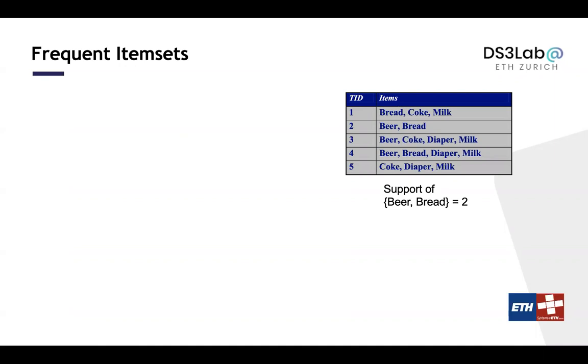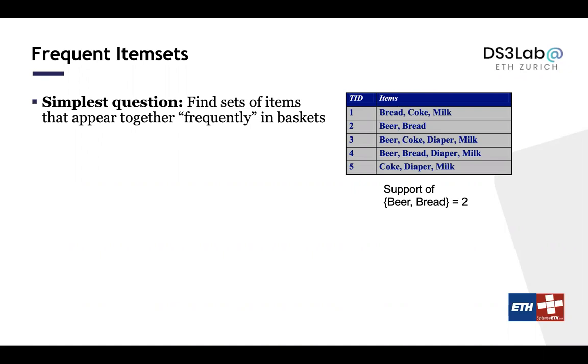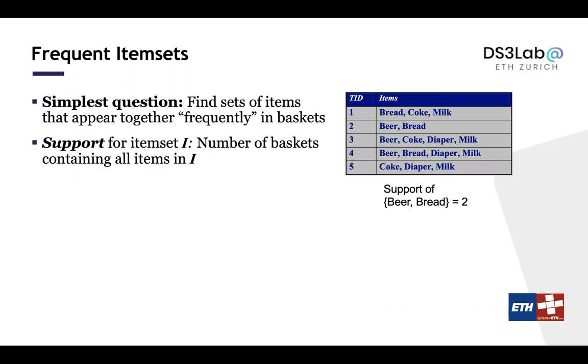So one thing that you really want to understand is, I have all those co-occurrences of items. I want to see, for example, what are the item sets that frequently appear together. And here we can define the notion of support. Essentially, if you give me an item set I, for example beer and bread, this is one subset of items.